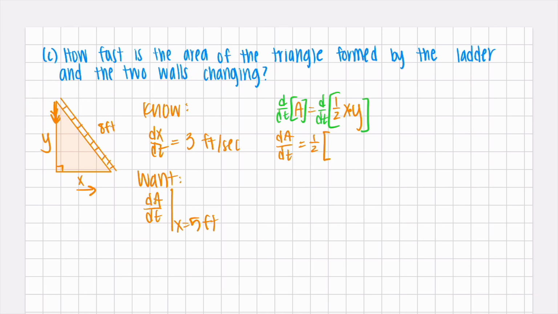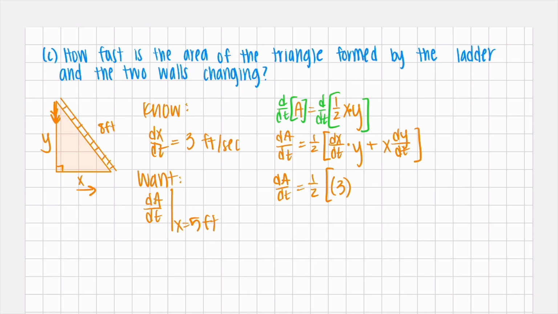So I'm going to take the derivative of x, it's dx/dt, leave the y, plus leave the x, take the derivative of y, that's going to be dy/dt. Once we do the derivative, we can plug in. I'm solving for dA/dt, so I'm going to leave that. I have my 1/2. dx/dt we know is 3 feet per second.